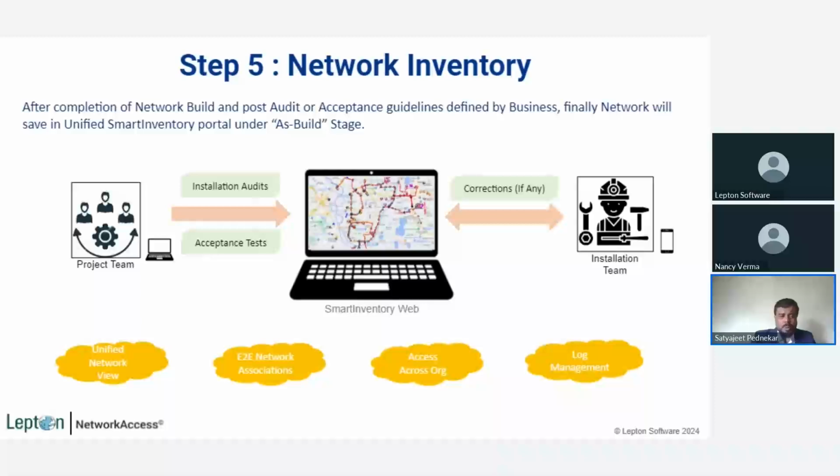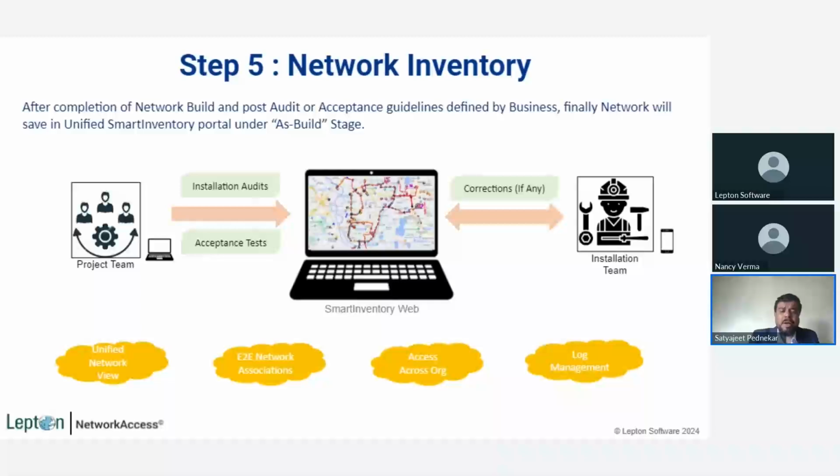So in step 4, when the network gets built, the project team will initiate some audit process just to verify that the network being visualized in the smart inventory is actually available on the field or not. There are some audits, some acceptance tests. If there are any changes, any punch points in the installation, they will raise them to the installation team through the mobile app only, through the smart inventory app only.